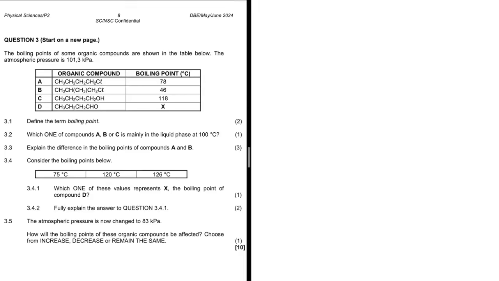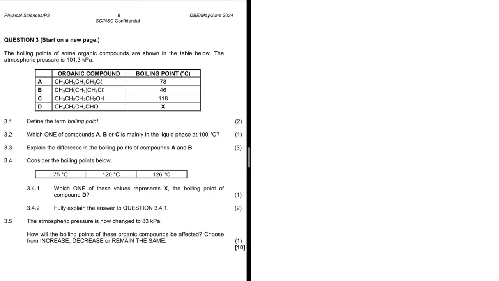So let's take a look. Compound A. The boiling point of compound A is 78 degrees Celsius. So at 100 degrees Celsius, we are above the boiling point of compound A. So it is already a gas at 100 degrees Celsius because it boils at 78. Same is true with compound B. Compound B has a boiling point of 46 degrees Celsius. So at 100 degrees Celsius, it is above its boiling point. So it has turned from liquid to gas already.